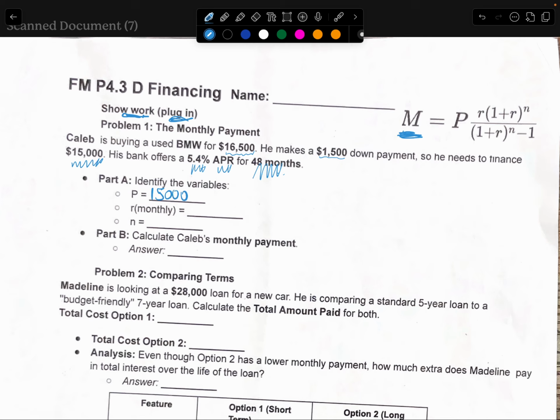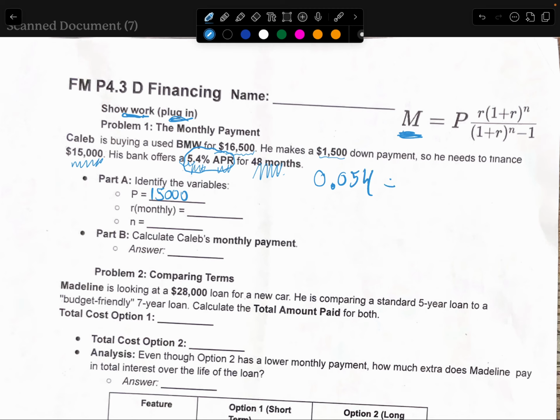So the principal amount is the amount we're borrowing, $15,000. R is the rate per year. So we need the monthly rate to use in the formula. Here we have the yearly R, and we just need the monthly rate. So we're going to take the 5.4%, and you move the decimal place 2 places. So instead of 5.4, it's 0.054, okay?